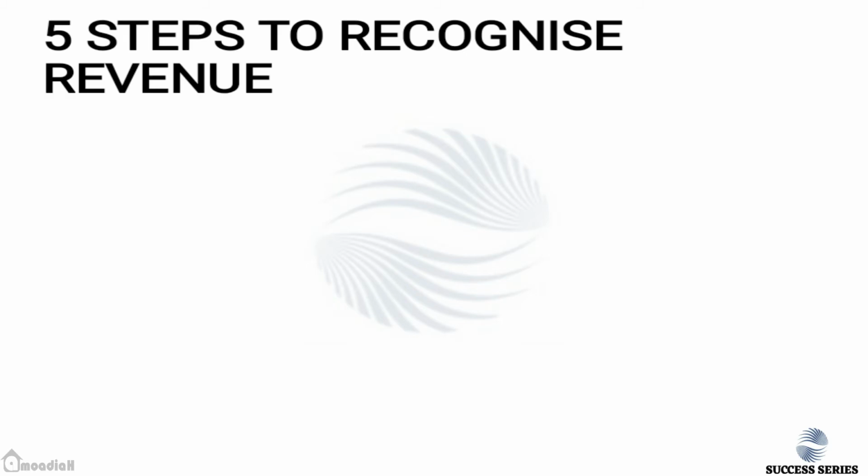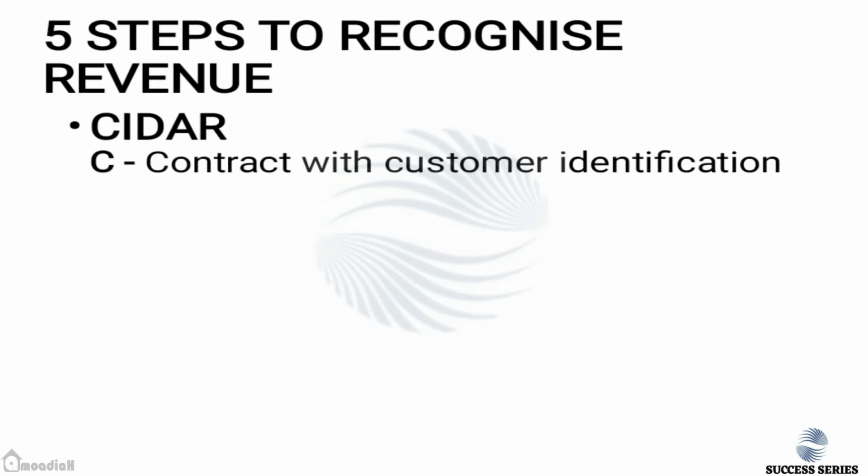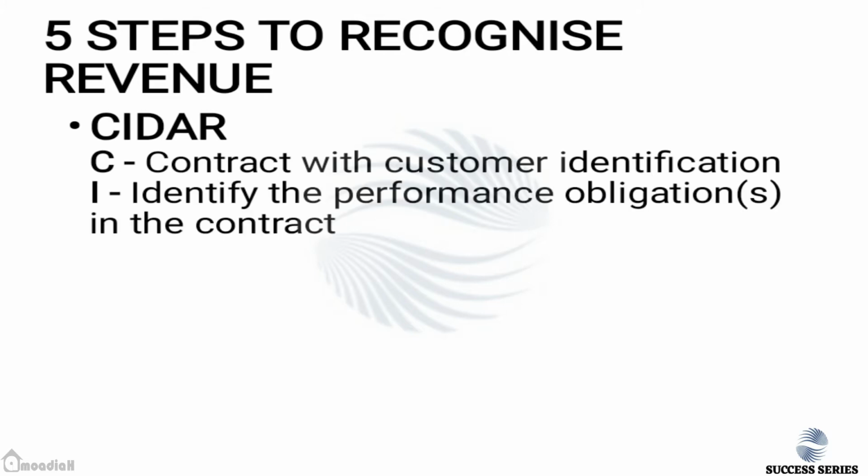Moving on. Today we are going to look at a question on the steps to recognize revenue. In order to dive into the question, you must first have a recap of the 5 steps. The 5 steps can be simplified with a mnemonic CIDA, where the C stands for Contract with Customer Identification.